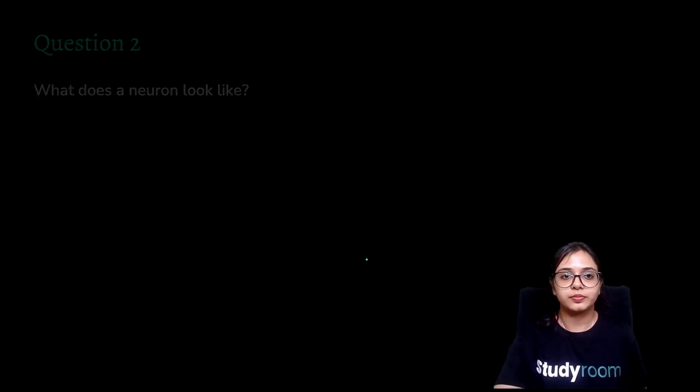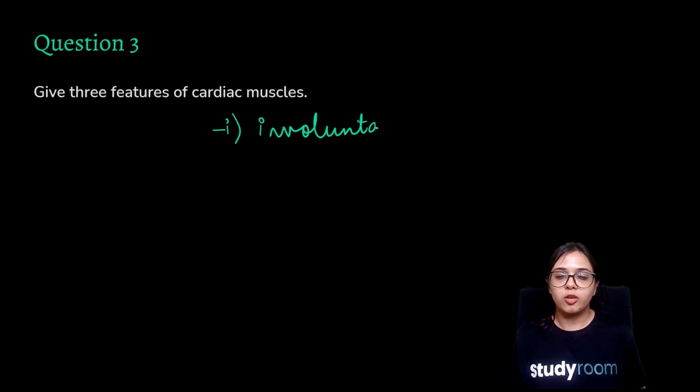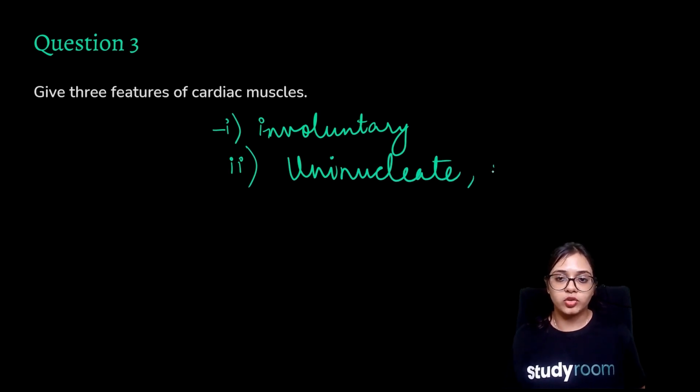Give 3 features of cardiac muscles. Now we know that cardiac muscles are involuntary muscles because we do not have to exert any pressure in order for them to work. It happens on its own. Another feature is that cardiac muscles are uninucleate, they have only one nucleus, and they are branched.